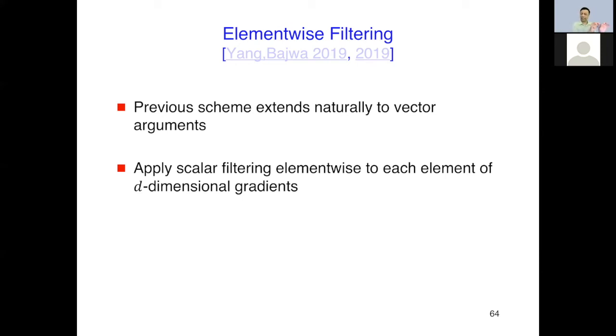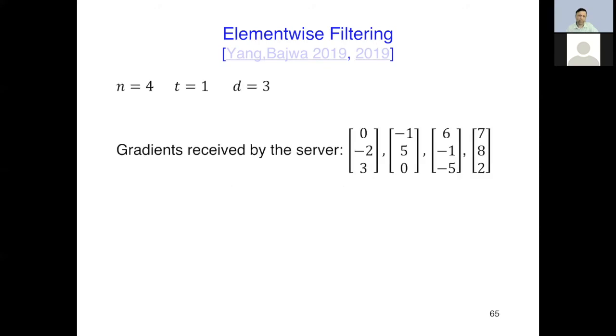Then take the second element of each of the n vectors, apply the filter to them, get the second element of the filtered gradient, and so on. And then you get the gradient that is a d-dimensional vector, the filtered version of the n vectors that you have received. And some people have applied this filter as well by now for fault-tolerant optimization.